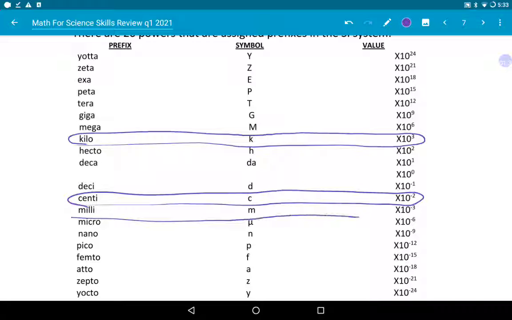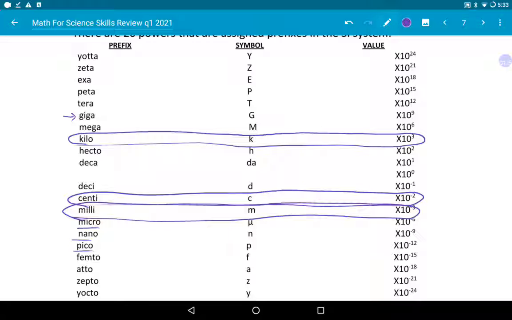Milli represents 1/1000th, which is 10 to the negative 3. So those are the really common ones. Some other ones you might be familiar with would be gigabytes, so 10 to the 9. In science we use micro, nano, and pico quite a bit. Some of the other ones are kind of rare to see, but they do come up occasionally.